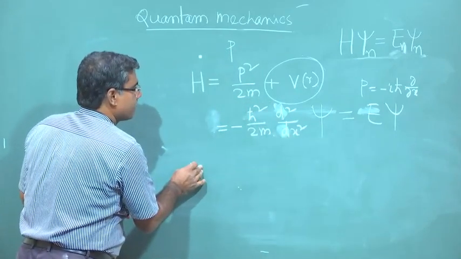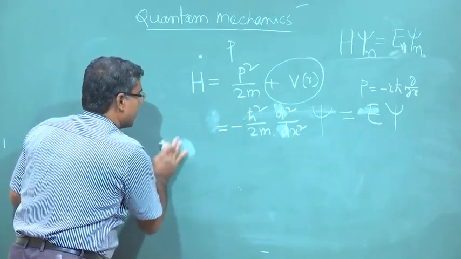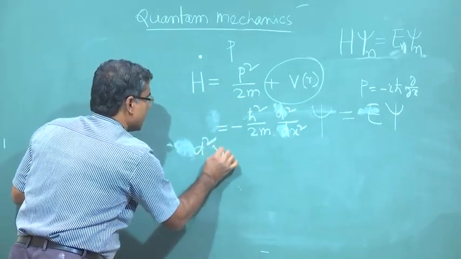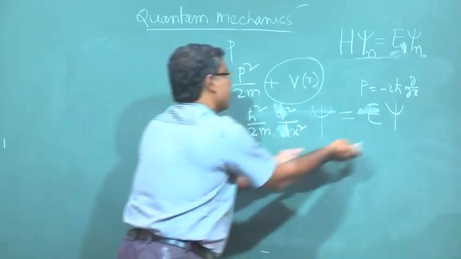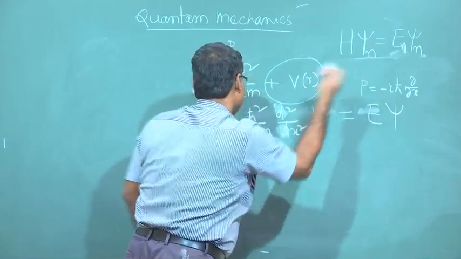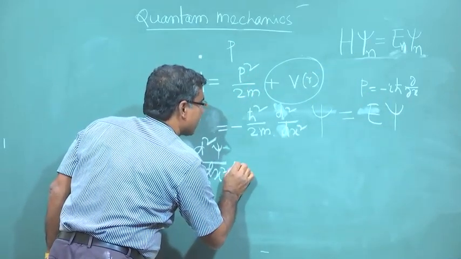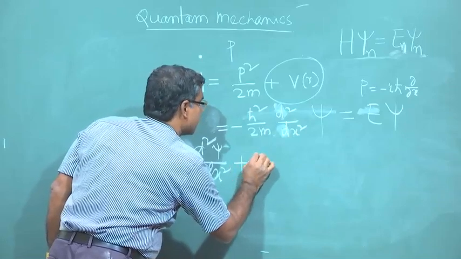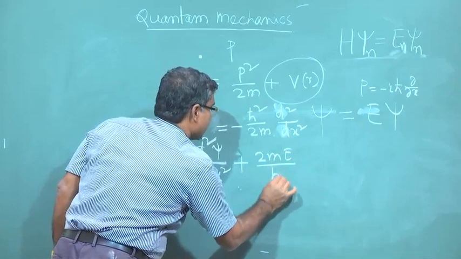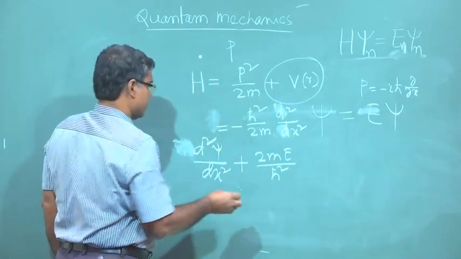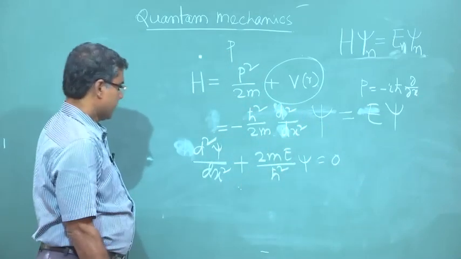Here you are getting h cross, I can write d2 psi by dx square, okay, then minus 2mE by h cross square, means when this side comes, plus 2mE by h cross square, okay, this psi equal to 0, okay.